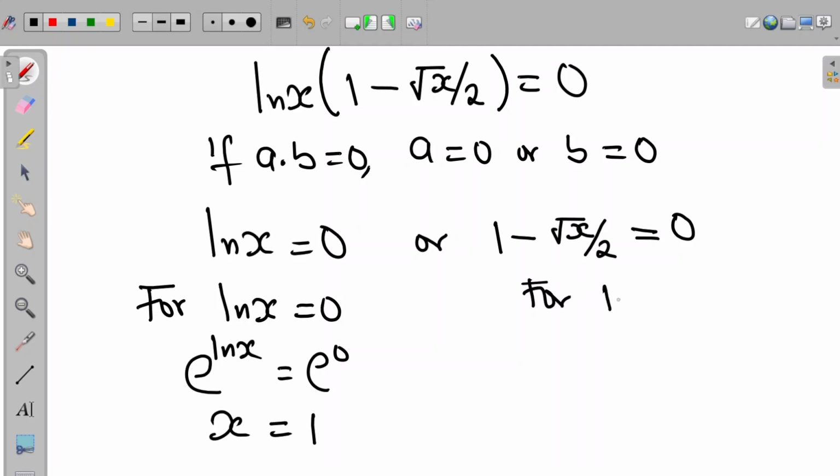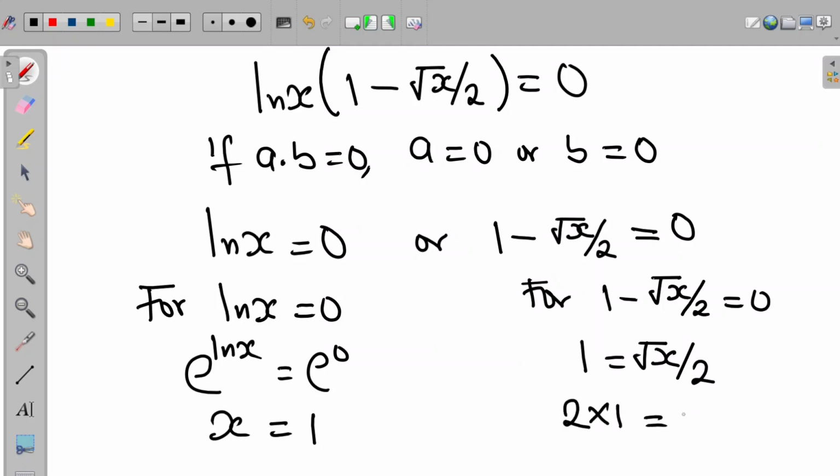for 1 minus root x divided by 2 equal to 0, we have that this becomes 1 equal to root x divided by 2. If we cross multiply, we have that this becomes 2 times 1 equal to root x.